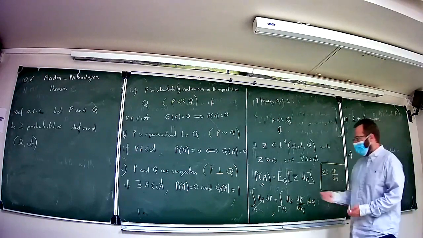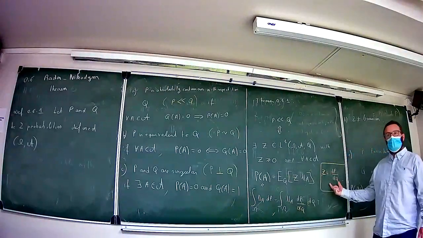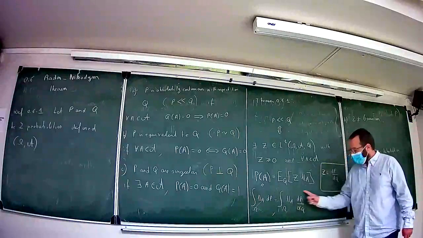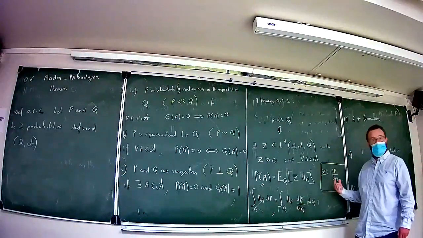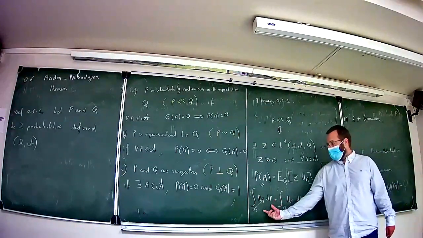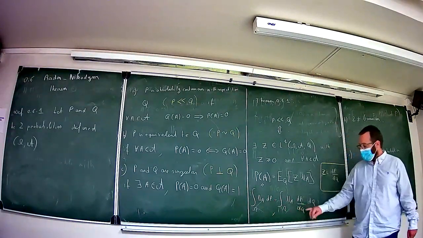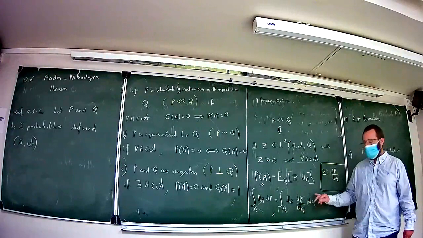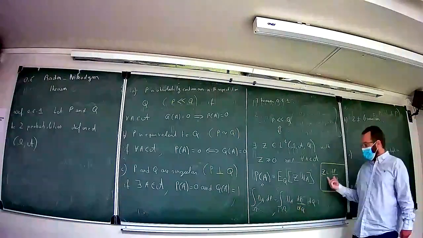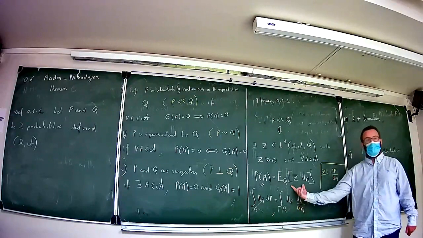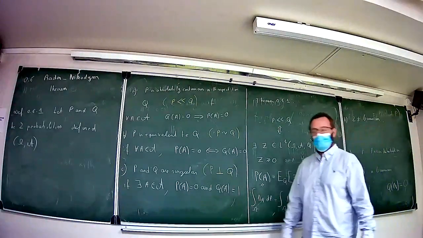I repeat that I introduce this notation, and I have the right to write this, that is meaningless, but just symbolic. This is P of A; if I introduce dP over dQ and multiply by dQ in order to make them equal, here you have the Z. And if you have Z here, you recover exactly this expectation.